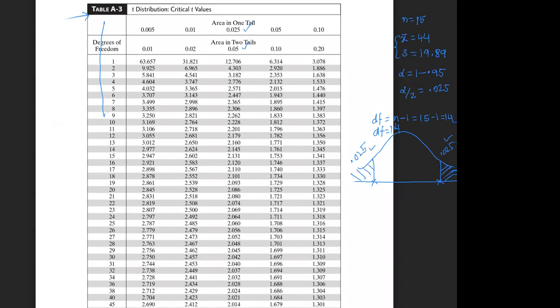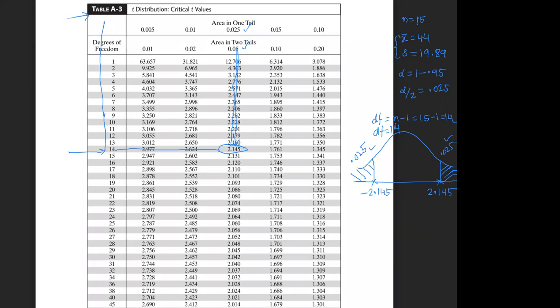So 14 is right here. If you come down this column to 14, it is 2.145. So this row and this column. So this is negative 2.145 and this is positive 2.145. Now I can go ahead and calculate it.